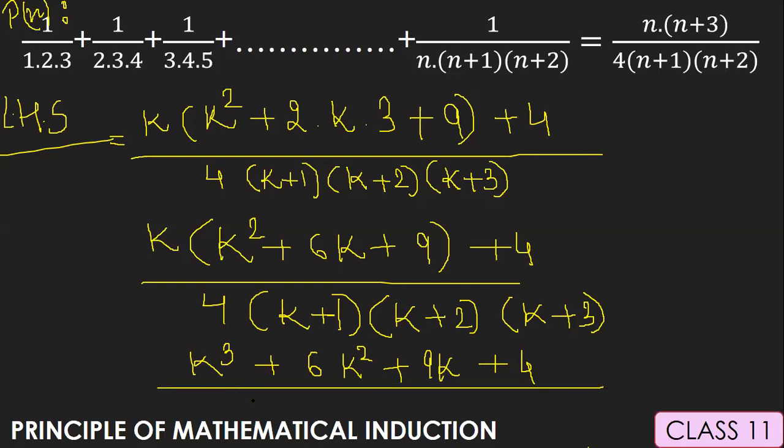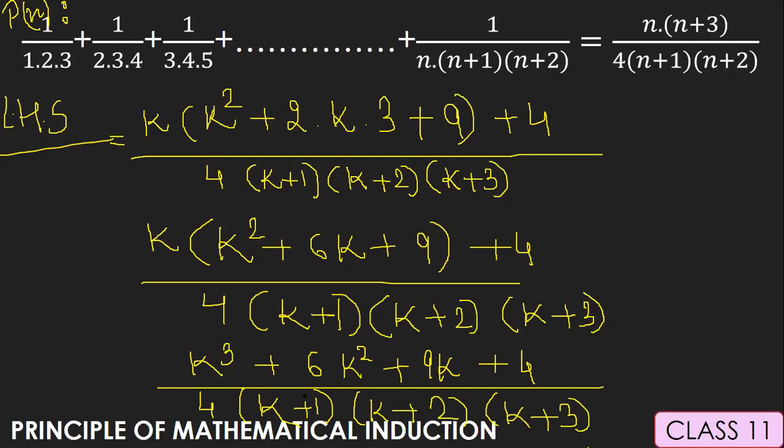Now let us solve it further. 4 into k plus 1 into k plus 2 into k plus 3. Now let us try the first factor.